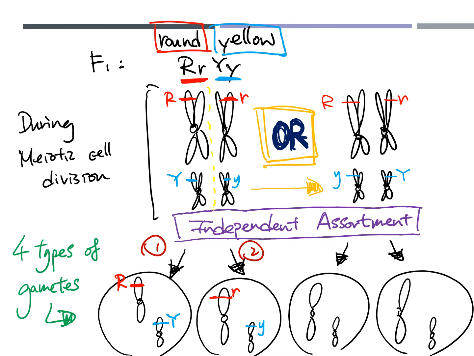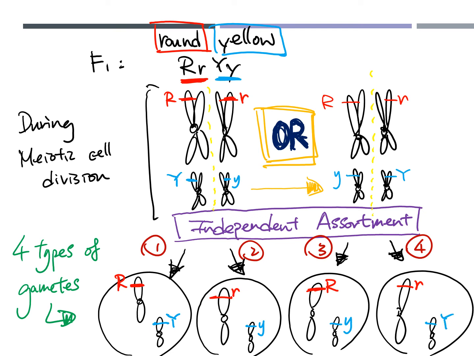Alright, so after the meiotic cell division, after the separation, another possibility of gamete formed will be based on the separation. You have on the bigger chromosome a big R, while on the smaller chromosome you have a small y. And then on the fourth possible gamete formed, you will have small r on the bigger chromosome and big Y on the smaller chromosome.